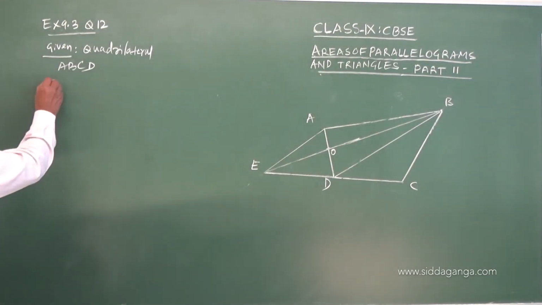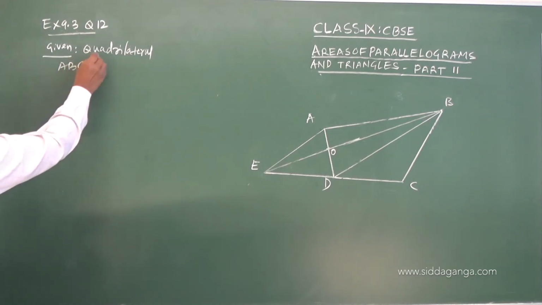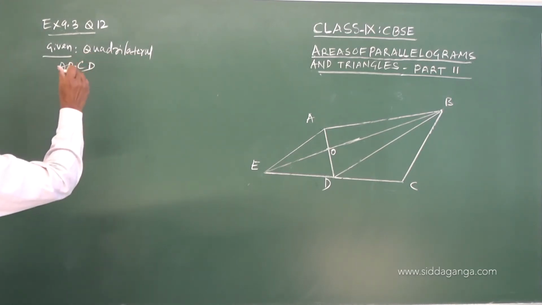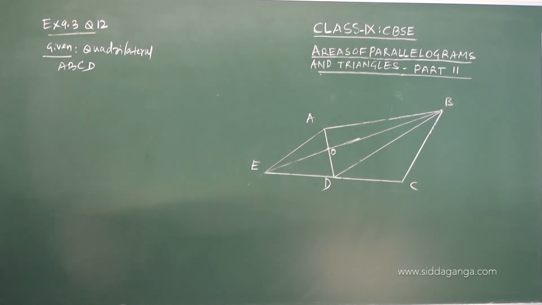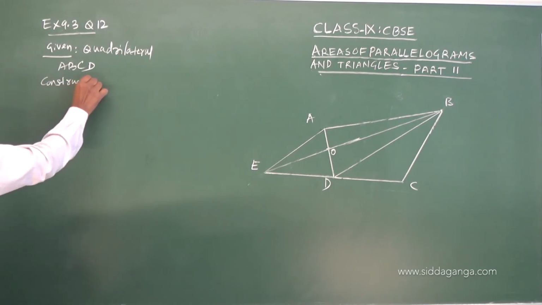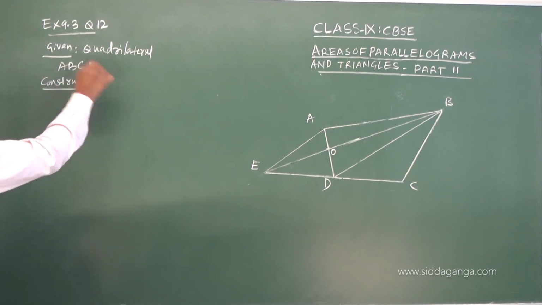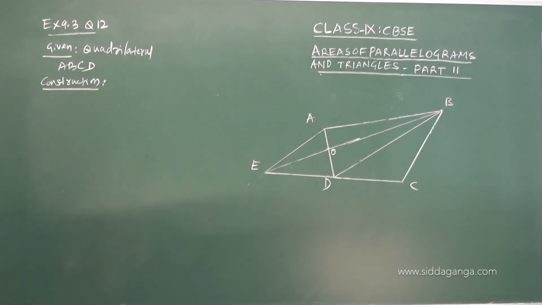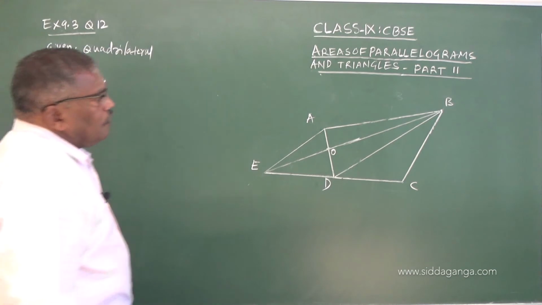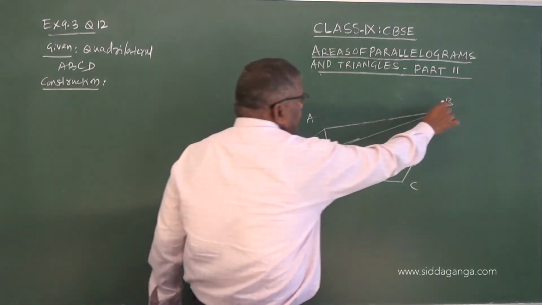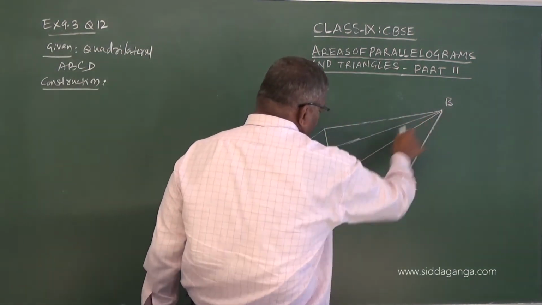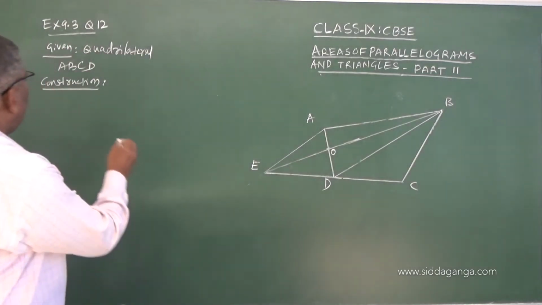So let given quadrilateral ABCD. Now construction. Stepwise you can have. First, what we did, ABCD was given, we have joined BD.